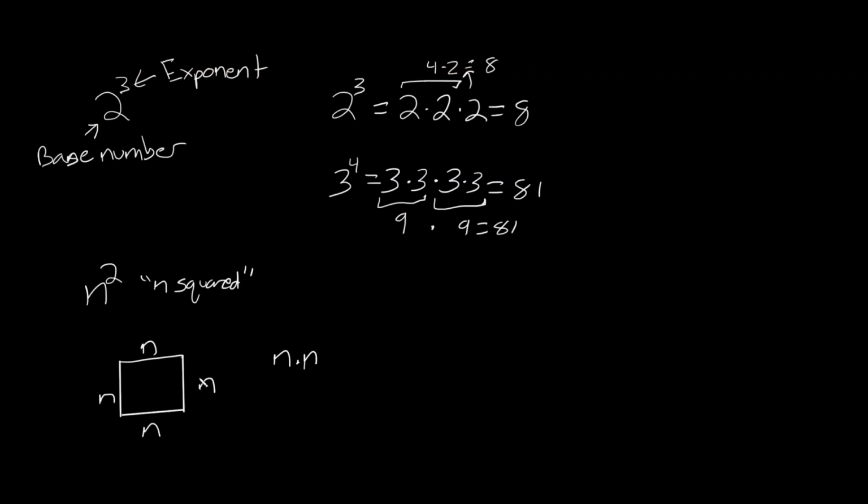And we also say, let's say we have a cube. And once again, this is not going to be the best cube, but I will try. And you can imagine if this cube had all equal lengths, so we have here the length, the width, and then let's say this here is the height. That would be n.